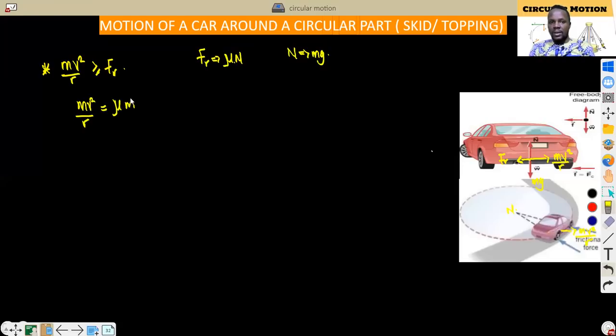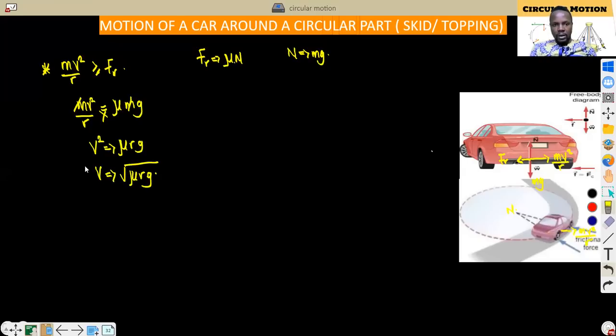So directly we can say m gets cancelled out. So the speed for skidding, making v squared from cross multiplication, is mu r times g. Am I right? So we say v is now equal to the square root of mu rg.